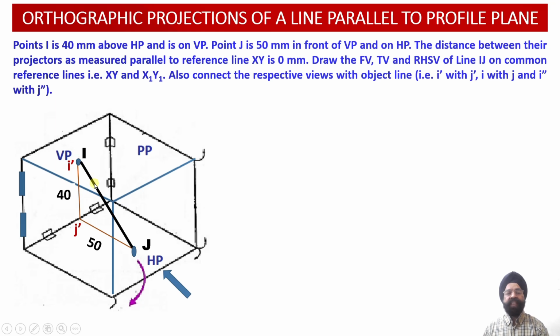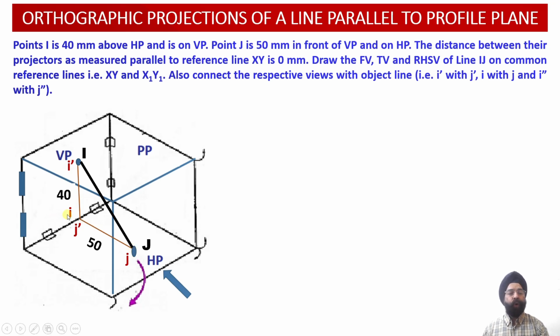And since this line IJ is inclined to the vertical plane, we will be able to obtain apparent length projections of this line, I dash J dash, in the front view projections. Similarly, if we look at this line IJ from the top, point I will be projected onto the XY reference line over here, at a 0 distance from the XY reference line, and point J will be projected onto the horizontal plane at a distance of 50 millimeter from the vertical plane, that is 50 mm below the XY reference line.